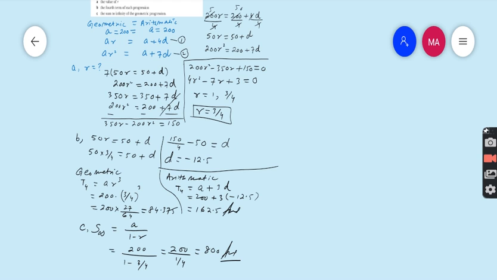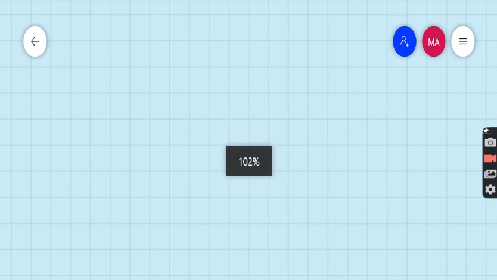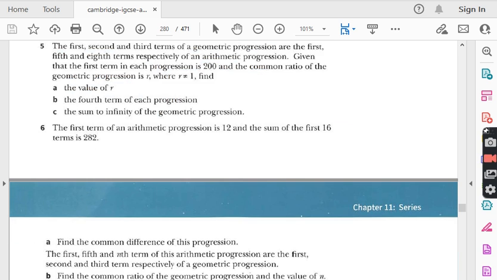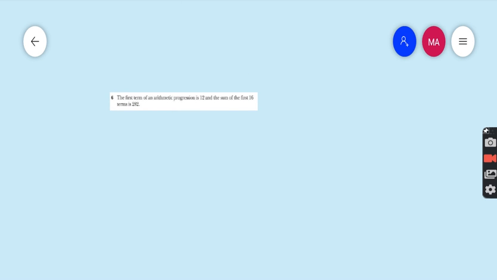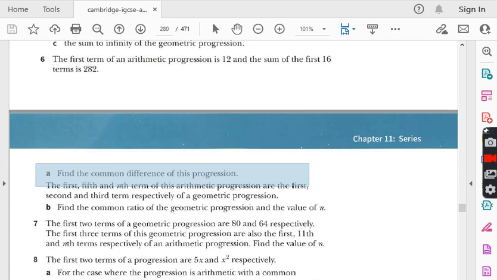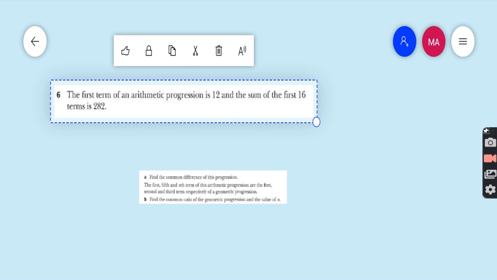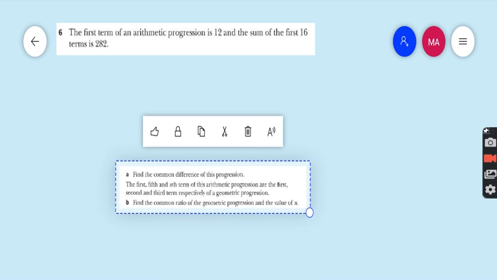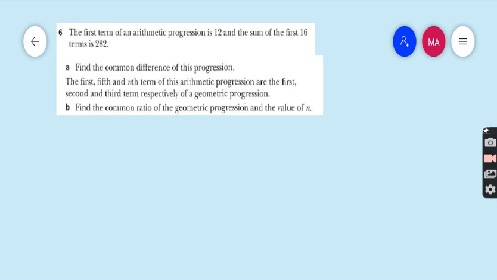Move to question number 6. This is question number 6.